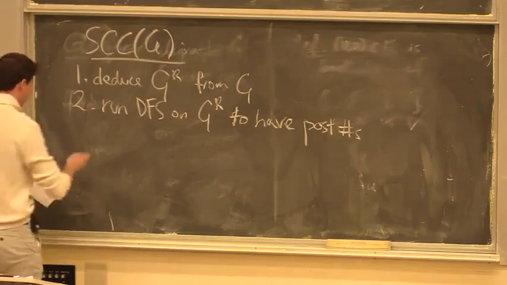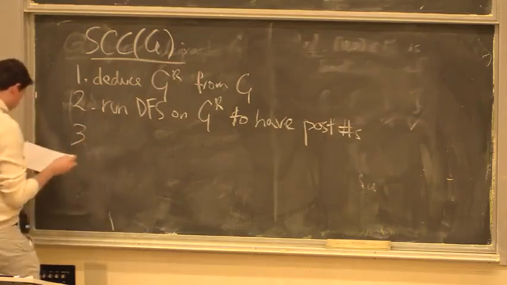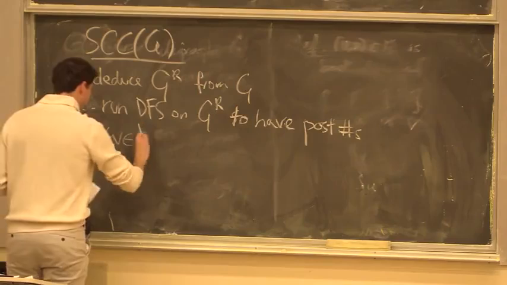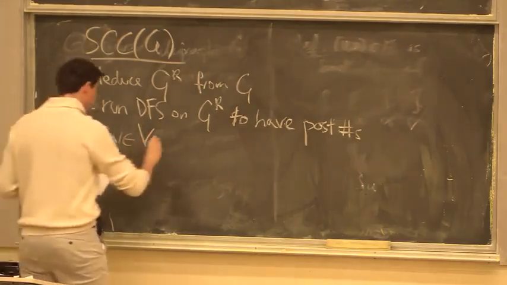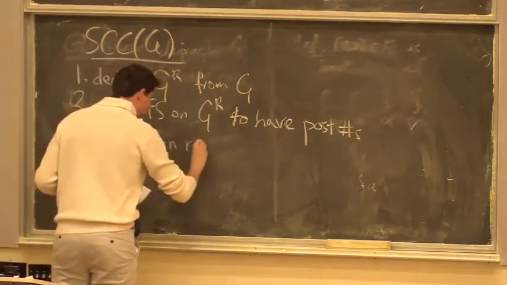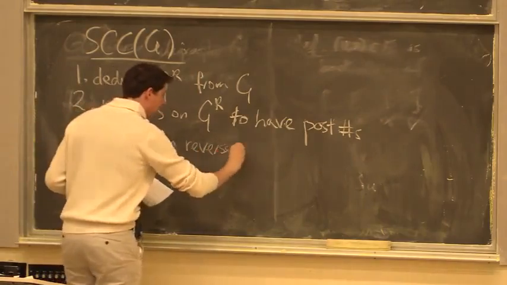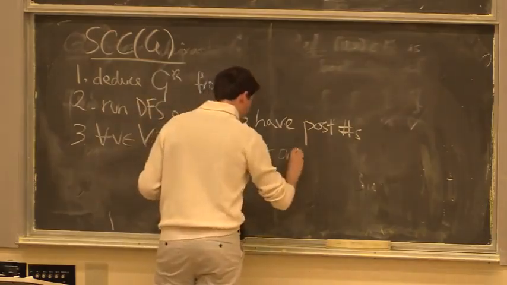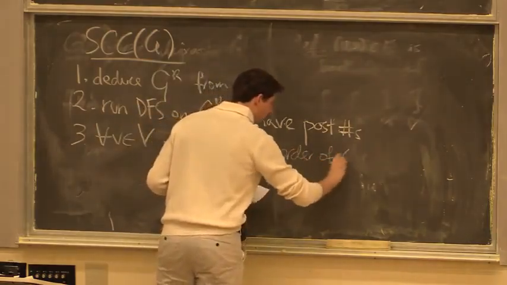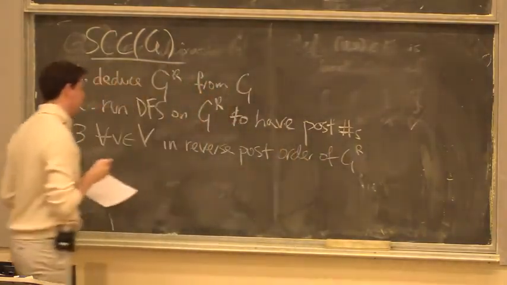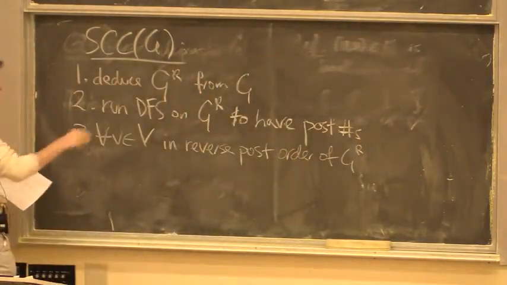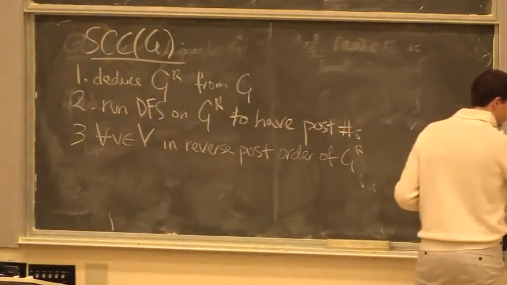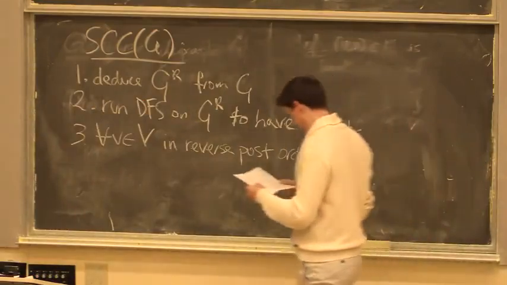And now what we can do is say for each V in V in reverse post order of G to the R. Okay, so we are considering them from the highest post number to the lowest, but in G to the R.